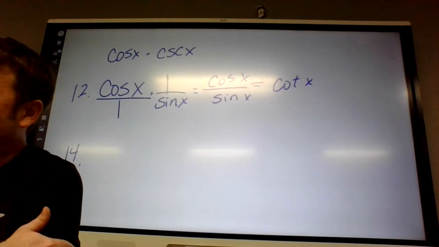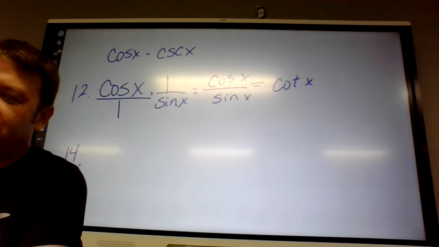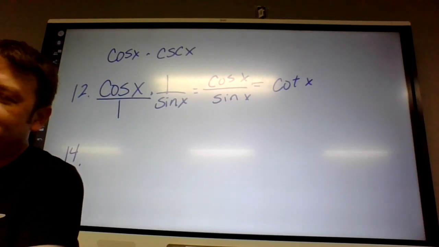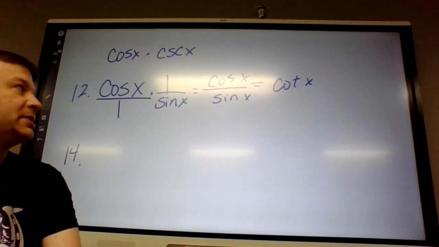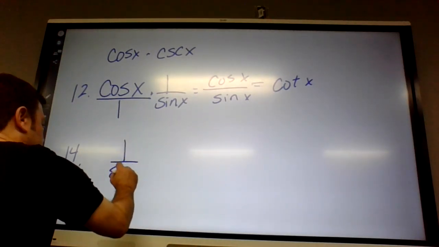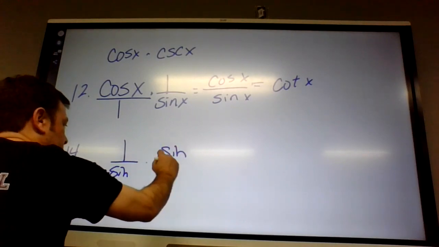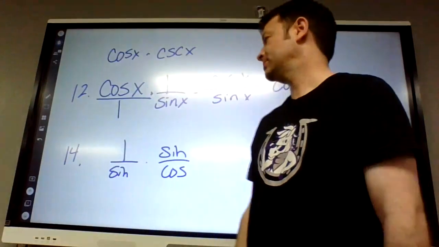Alright, any luck on 14? Okay, what's 1 over sine times sine over cosine equal to? What's going to happen when you multiply those two?